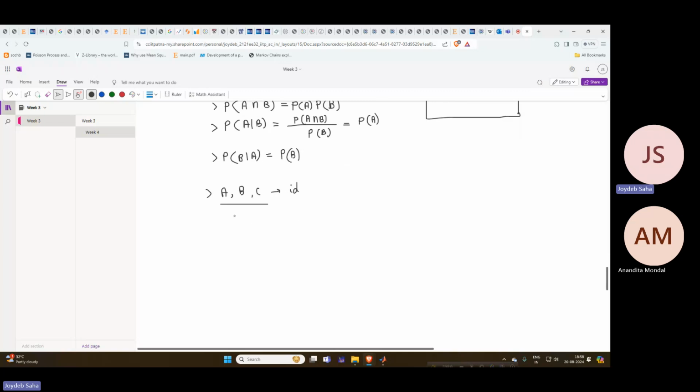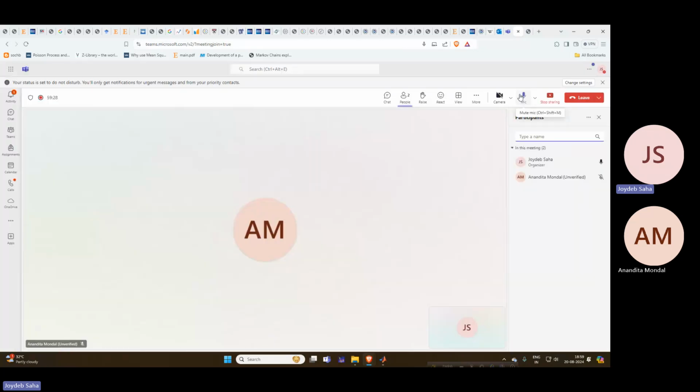We will get probability of A intersection B intersection C will be nothing but probability of A times probability of B times probability of C. This one.